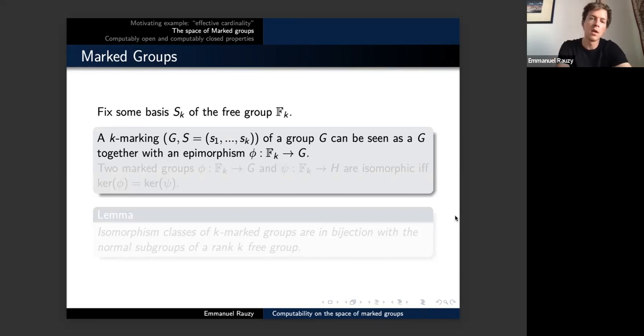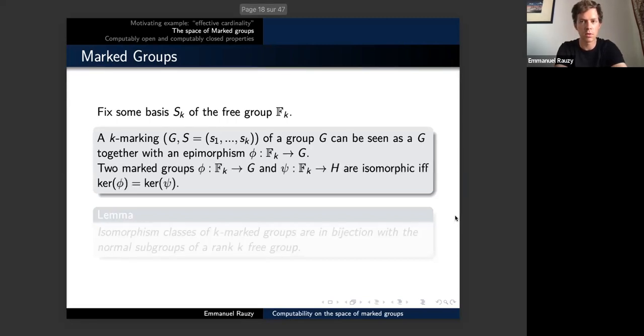Because obviously, if you have such an epimorphism, the image of the basis of the free group will give you a generating tuple for your group, and so it will give you a marked group according to our previous definition. And conversely, whenever you have a generating tuple, it will induce an epimorphism from the free group onto your group. And so these are just two different points of view on the same thing.